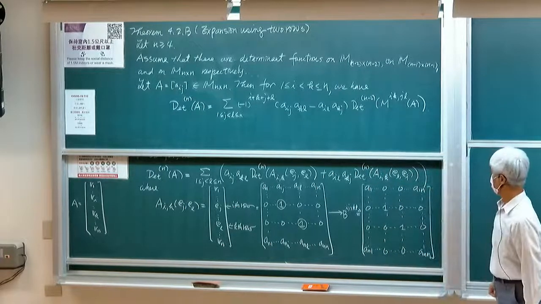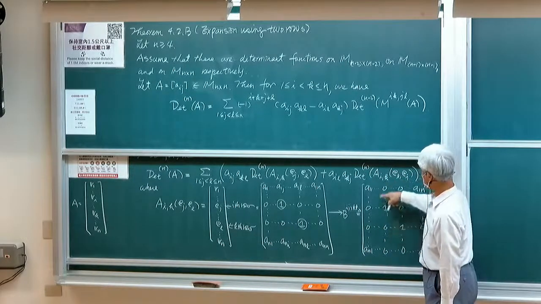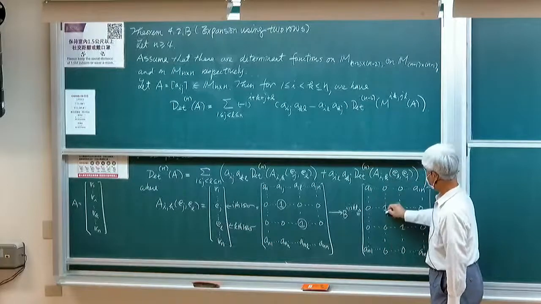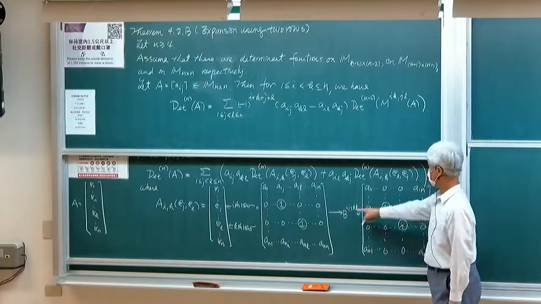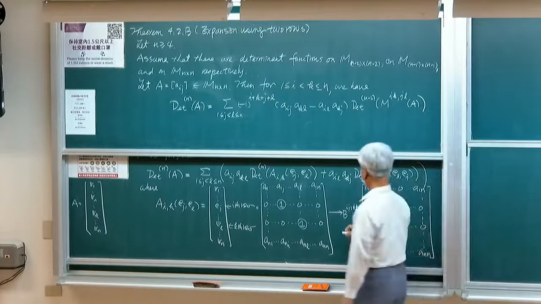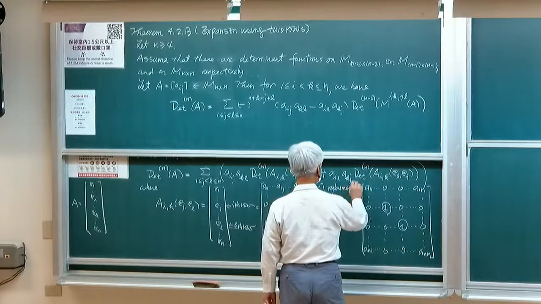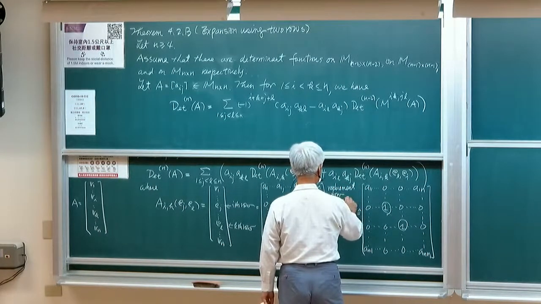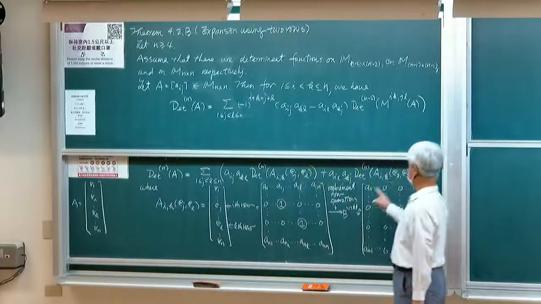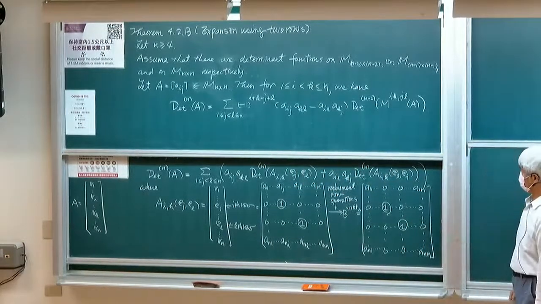Okay, so we eliminate all the entries above this one and this one. This is B_ij by replacement row operations. Okay, so we have this one.